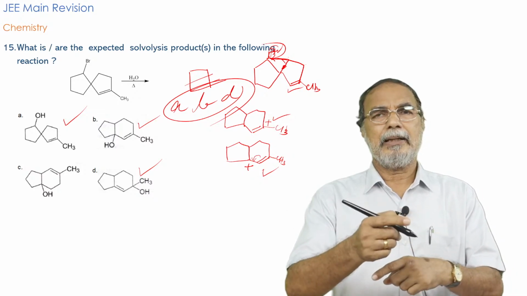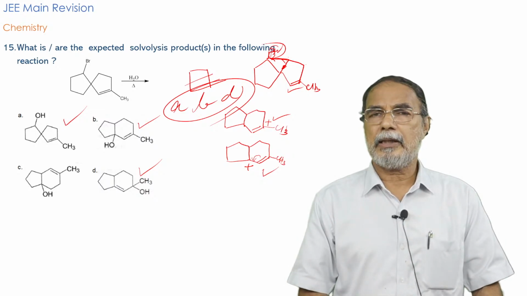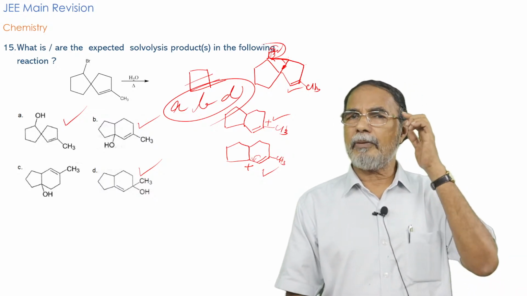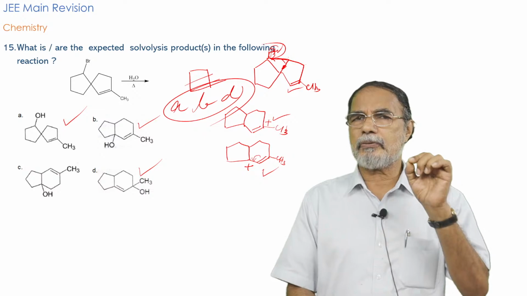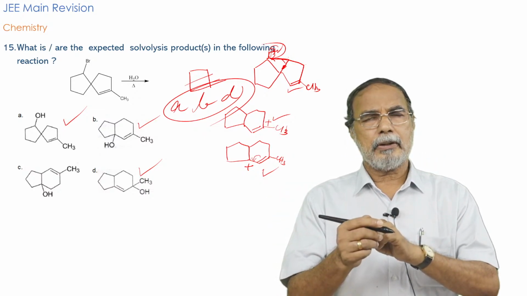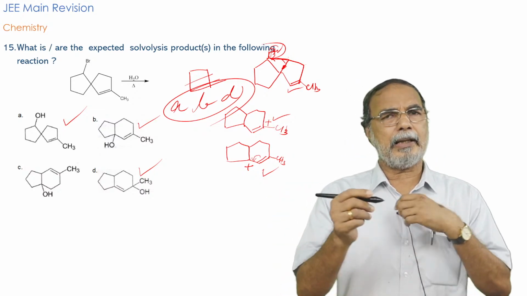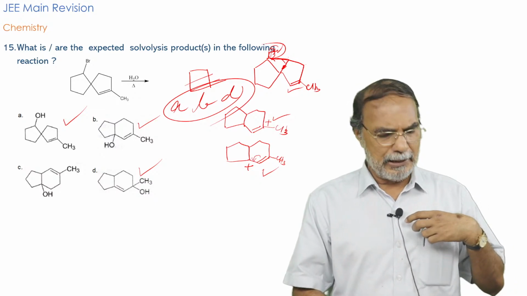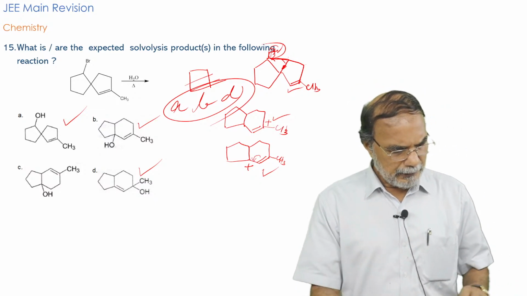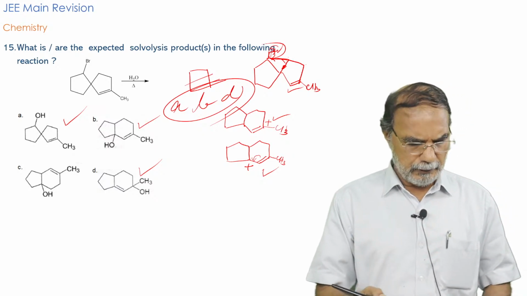But you must also have in mind that there are certain situations where a ring contraction is possible in the rearrangement of carbocations. Perhaps we may come across such a case in the following discussions.